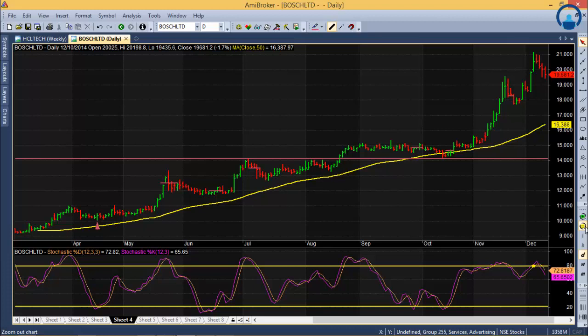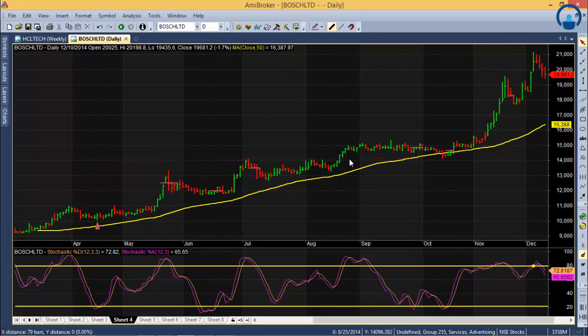Similarly, in a downtrending market, if the 50-period moving average is trending downwards, then we will look to sell when stochastic reaches the overbought zone, and buy when stochastic reaches the oversold zone, exactly the opposite of what I showed you right now.